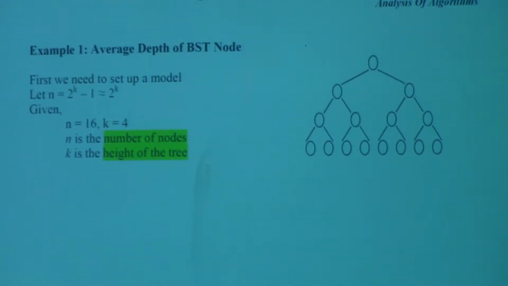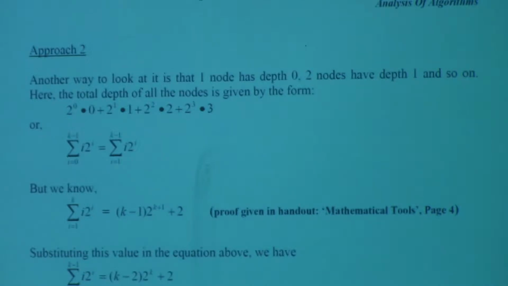But notice that in our summation here, we stop at 3. So instead of going 1 to 4, we go 0 to 3. Well, that tells us how we should structure our summation. So the summation should start at 0 and go to whatever is 1 less than the height of the tree. Since the height is k, it's going to go to k minus 1.